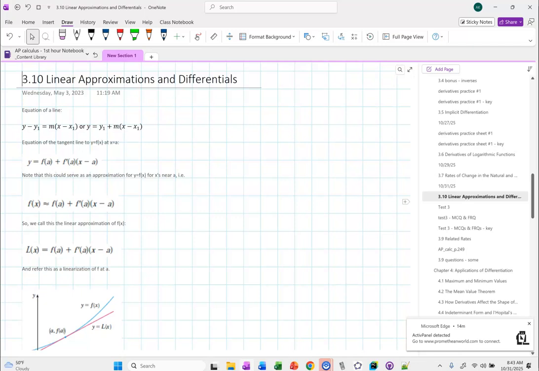So you just plug a new x into your equation for a line, and you get a new y value, and that's your approximation. That's so beautifully simple, right?